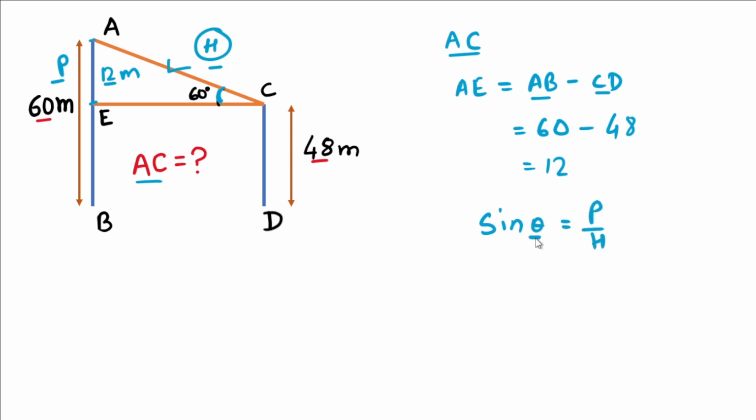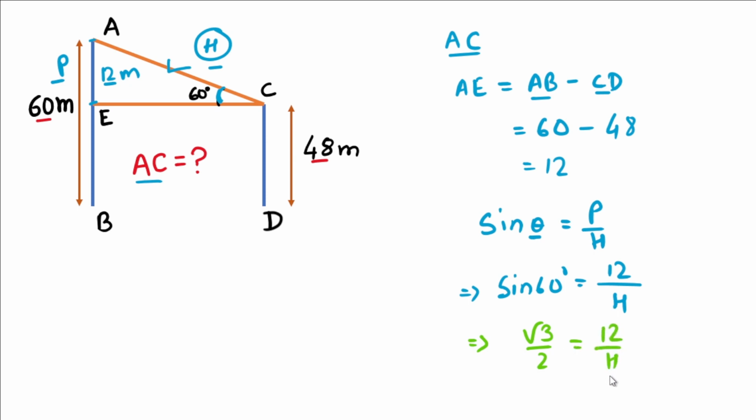Here the angle is 60 degrees, so sine 60 degrees is equal to the perpendicular we calculated, 12 meters, divided by the hypotenuse h. The value of sine 60 is root 3 by 2, so root 3 by 2 equals 12 divided by h.